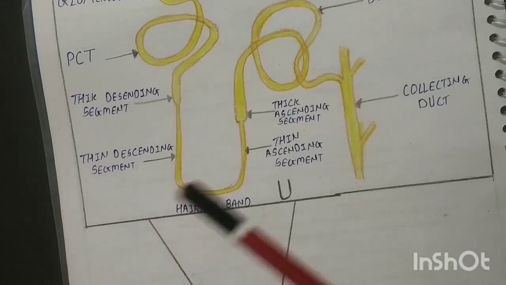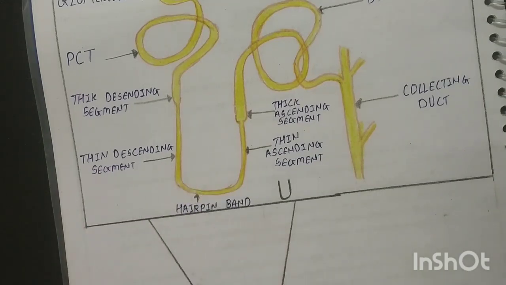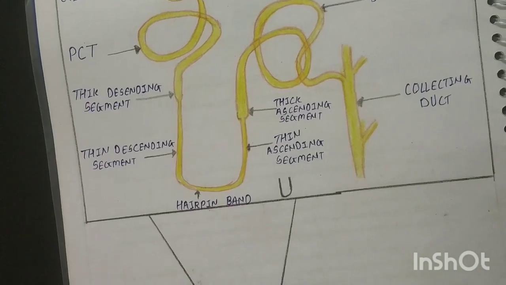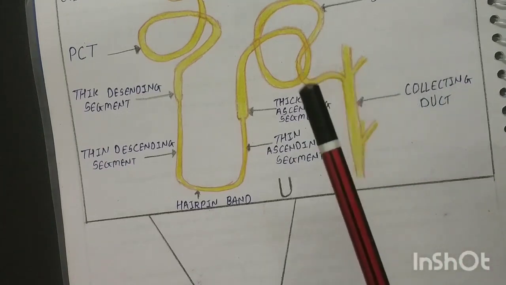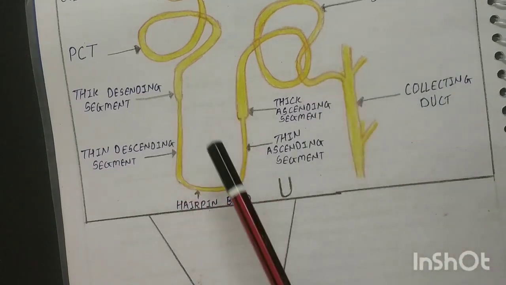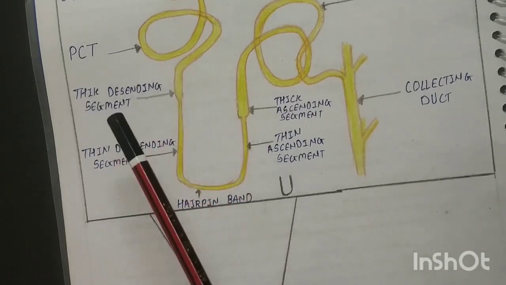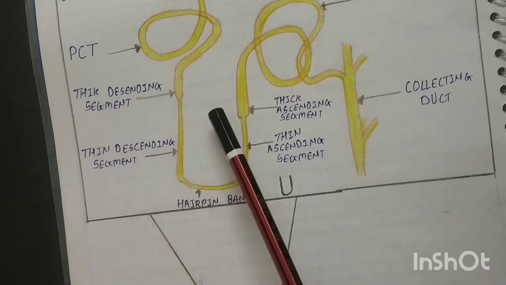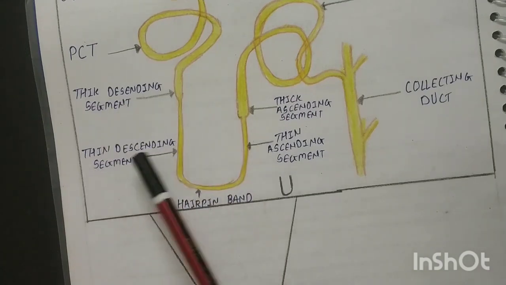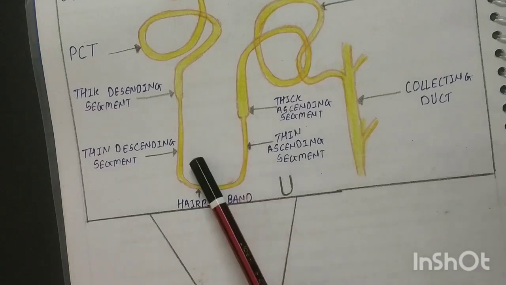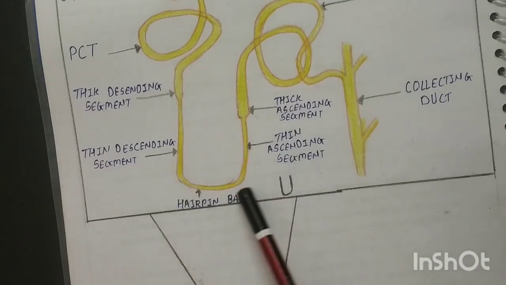Whenever any nerve or vessels go downwards, they are named descending, and whenever any nerve or vessels go upward, they are named ascending. That's why these two segments are named descending. So the thick segment is named the thick descending segment, and the thin segment is known as the thin descending segment. So this is the first part of the loop of Henle.